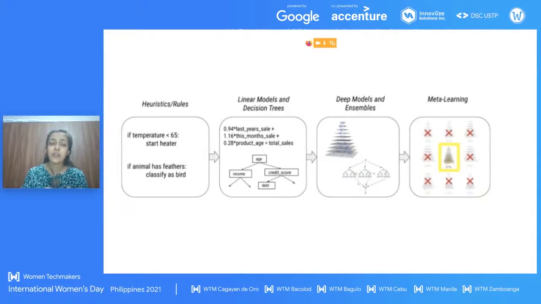It started with rule-based programs, and then we started building linear models and decision trees, and then we moved on to deep learning, deep models and ensembles, and quite recently we've started building meta learning models where you basically have one model that creates another model. So with time, the complexity of the models has increased.